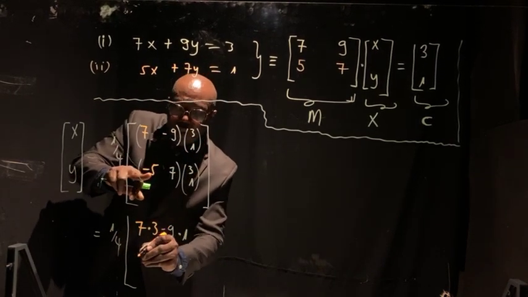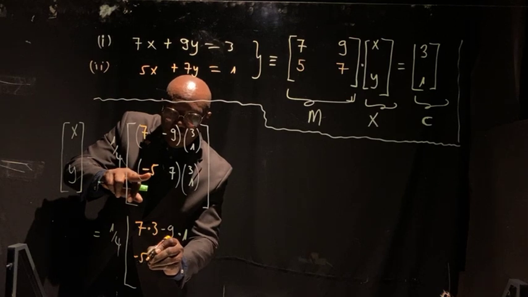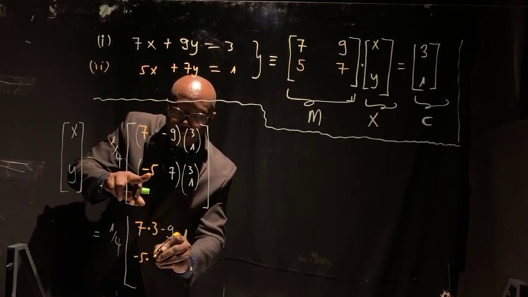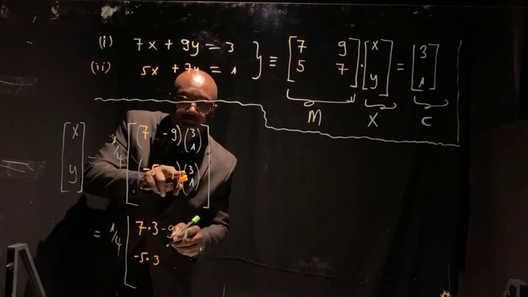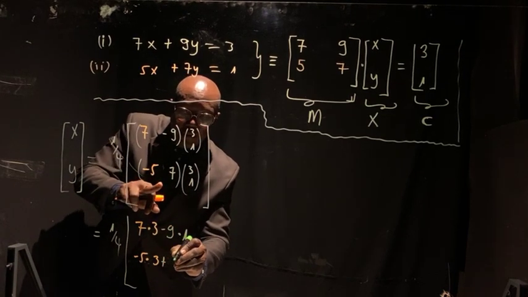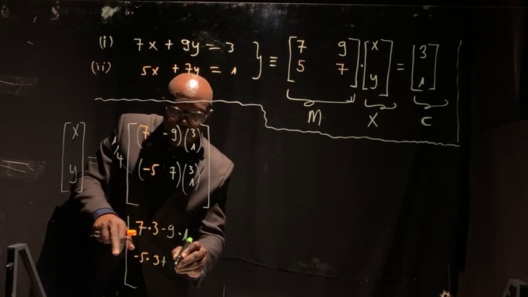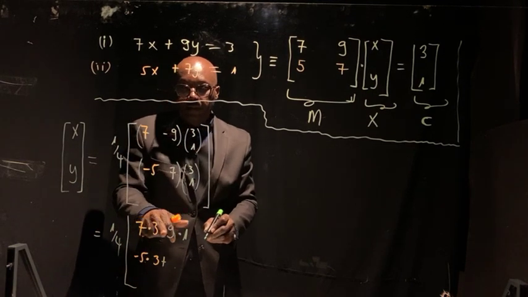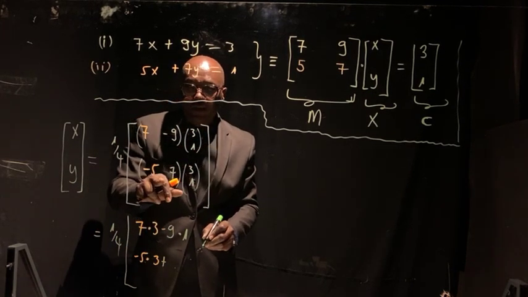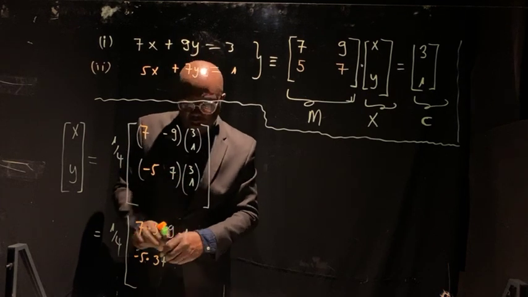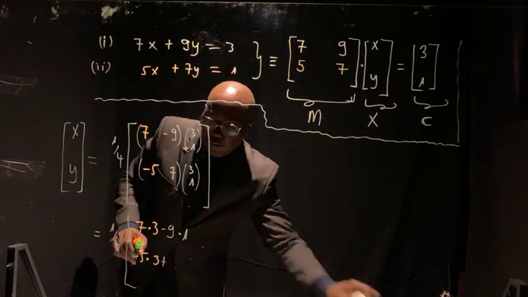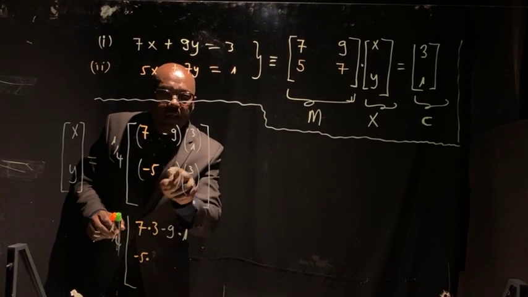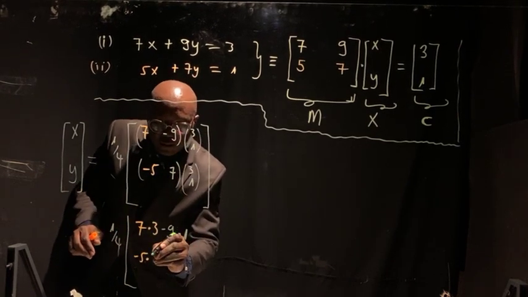Then we have minus 5 multiplied to 3, plus minus 5 multiplied to 3.